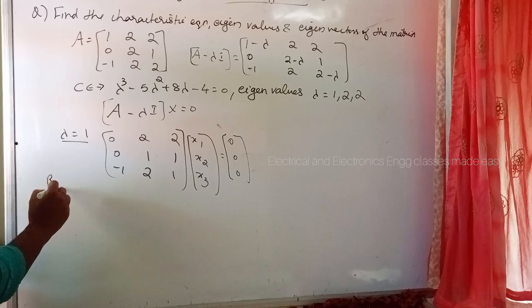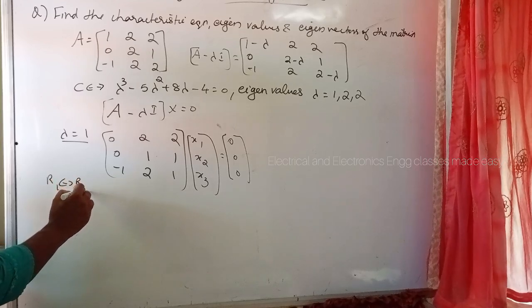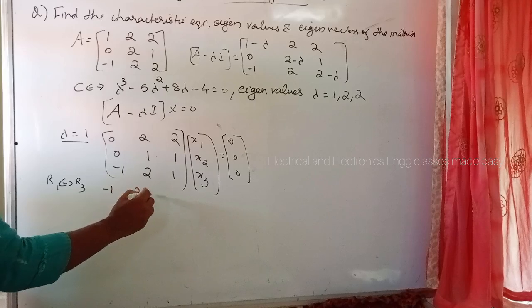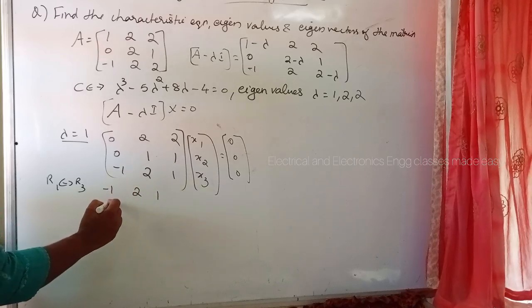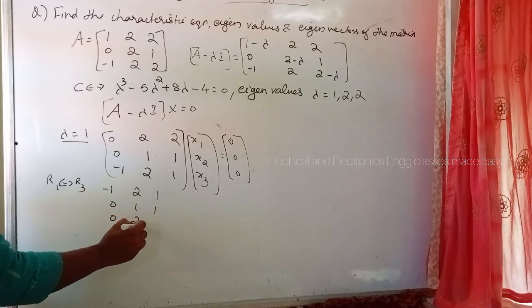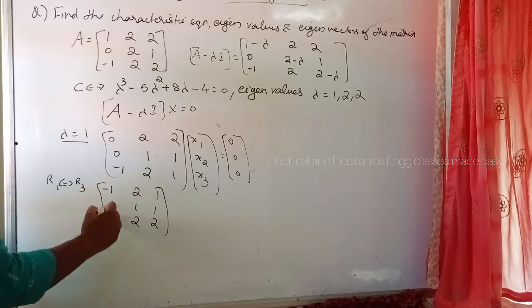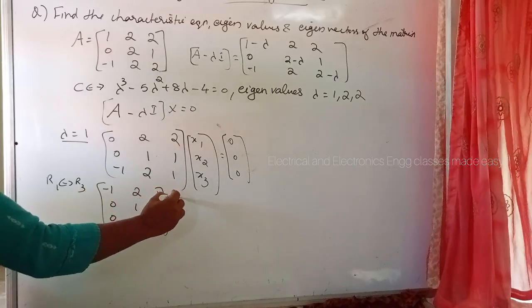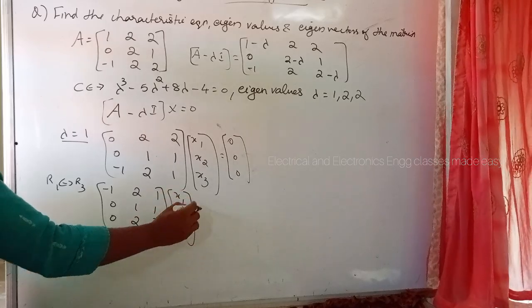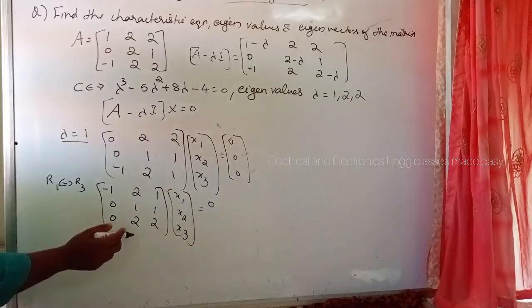So R1 interchanged with R3. So here we will get 1 minus 1 2 1, then 0 1 1, this one here 0 2 2 into x1 x2 x3 equal to 0.